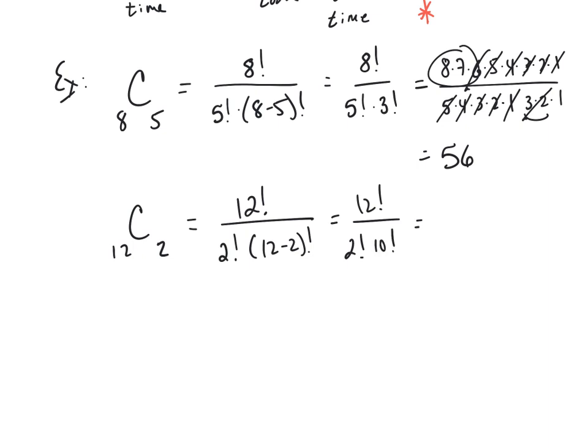And this time I'm just going to choose to do this one on my calculator. So we'll end up with 12 factorial divided by 2 factorial and 10 factorial. And if I computed correctly, feel free to double check me, I ended up with 66.